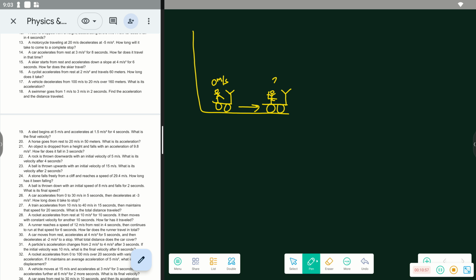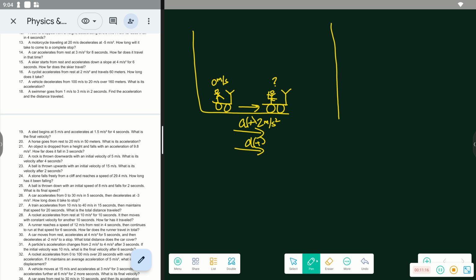We don't know what the final velocity is. How long does it take is what we're trying to figure out. The acceleration is going to be positive, 2 meters per second squared. Your displacement's also going to be positive. And you're solving for time.